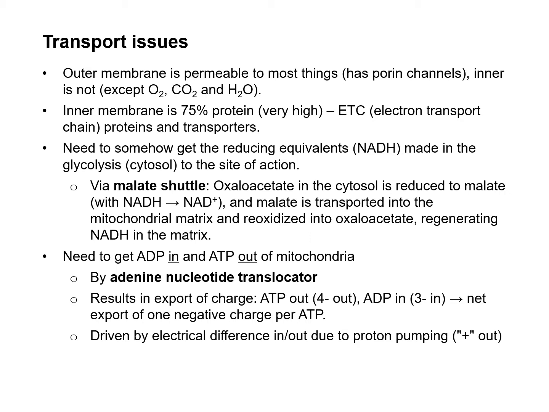And this is driven by the electrical difference between the in and out of the mitochondria, especially the inner membrane or the matrix, due to the proton pumping. So basically the proton, the positive charge, goes out. And again, we're going to discuss all these details and the mechanisms later in this lecture.